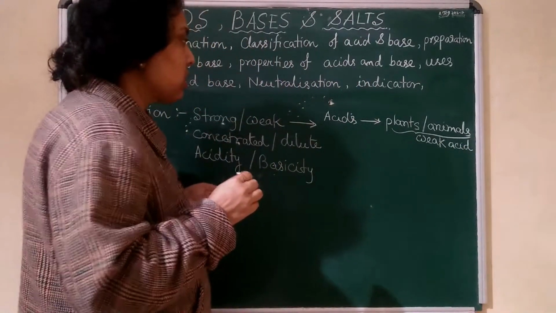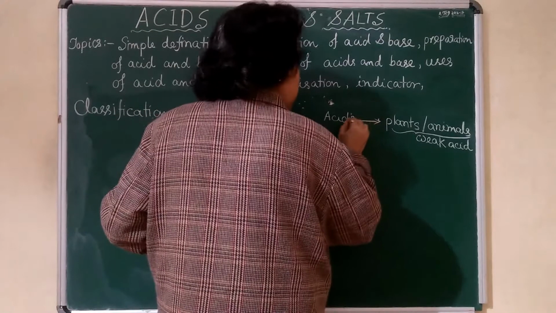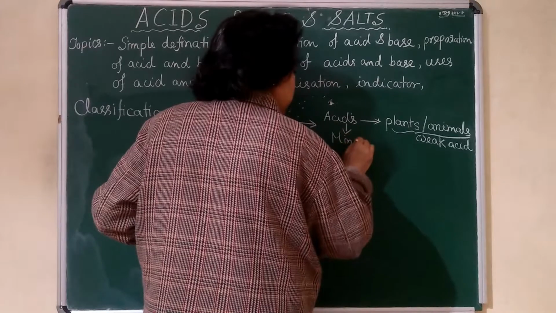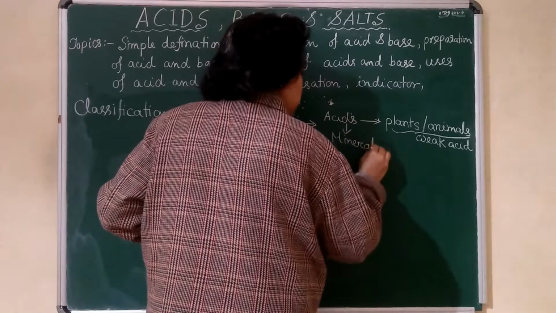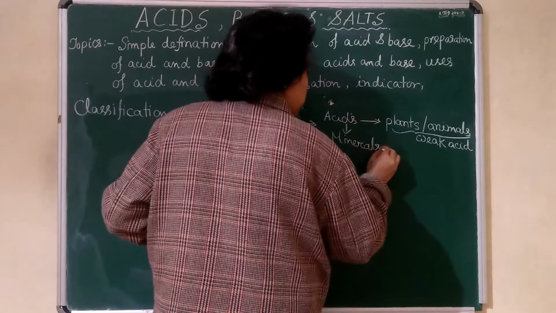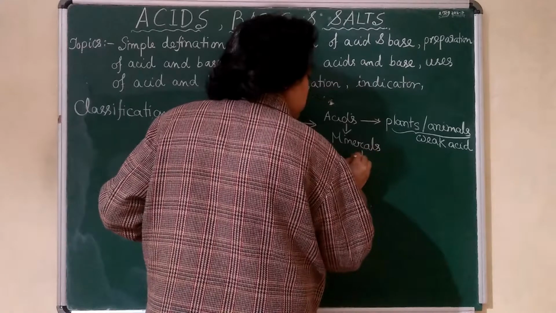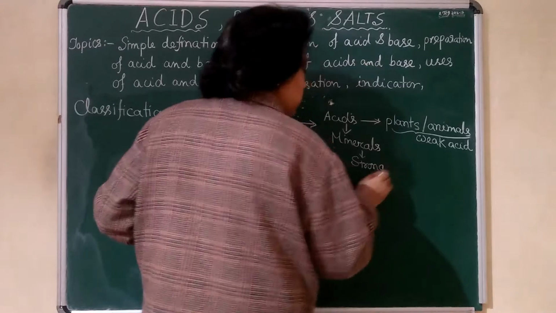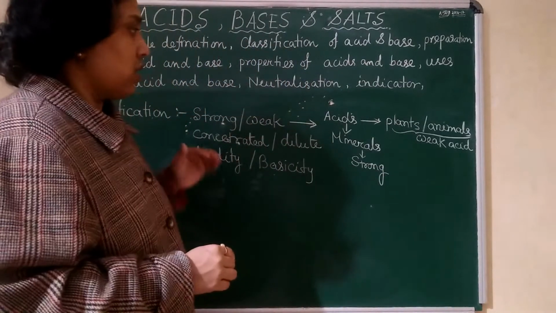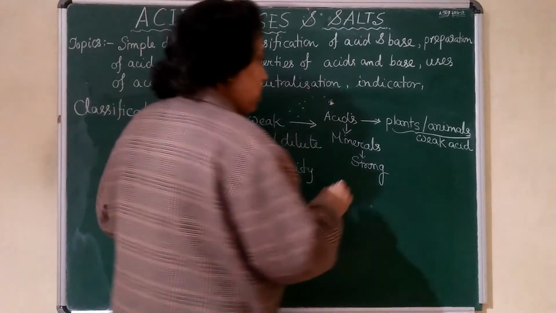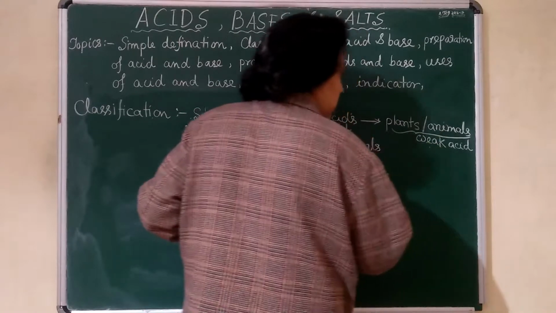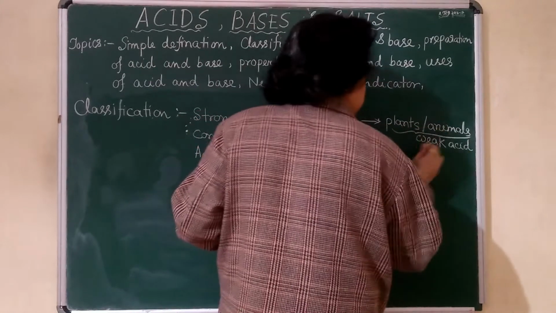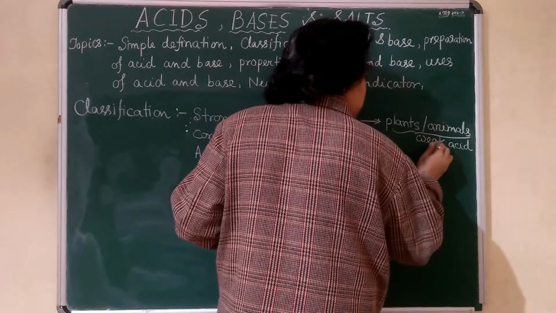Okay, weak acid. Acids derived from minerals, we call them strong acid or strong base. If it is derived from minerals, and here it is plants and animals, so weak acid, which are the examples?